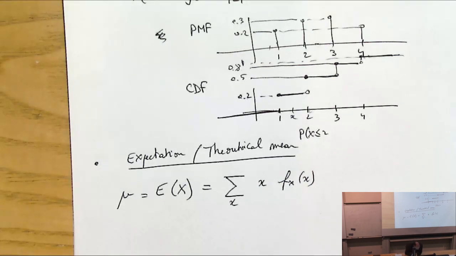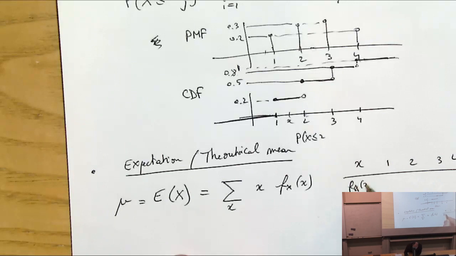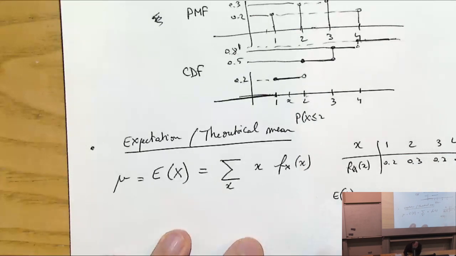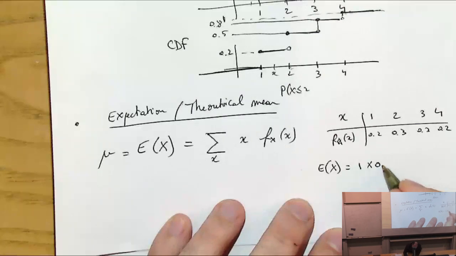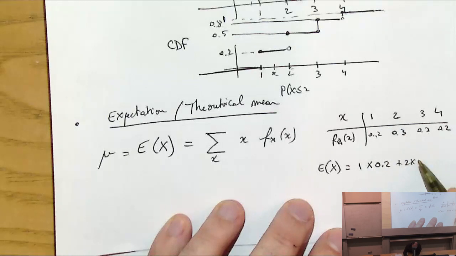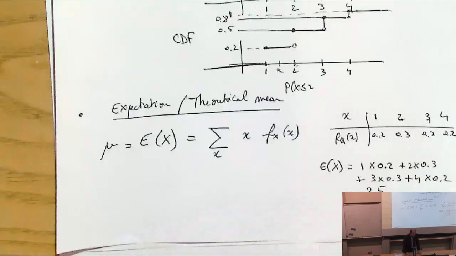So in the earlier example, if X takes values 1, 2, 3, 4, and the probability mass function takes values 0.2, 0.3, 0.3, and 0.2, what is the expectation of X? It is 1 multiplied by 0.2, plus 2 multiplied by 0.3, plus 3 multiplied by 0.3, plus 4 multiplied by 0.2. And if you do this, you get 2.5.